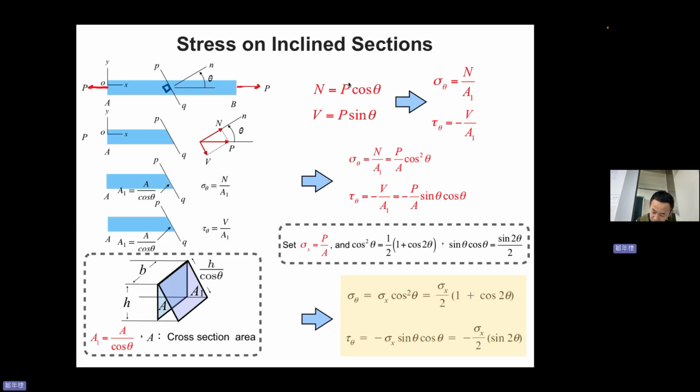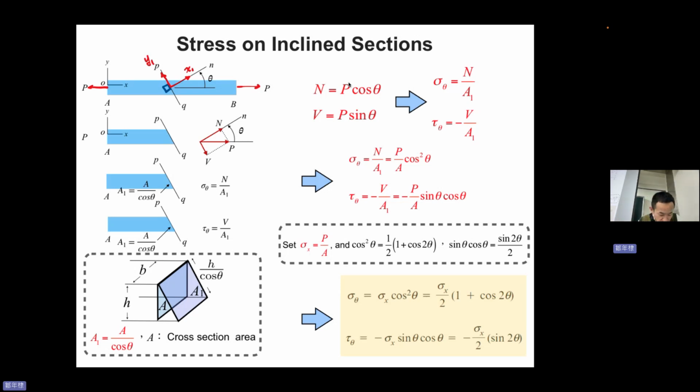So that surface follows a new axis called x1 and y1. Previously we have xy. Now we have x1, y1. And we want to calculate the component of the stress, 分量, okay?